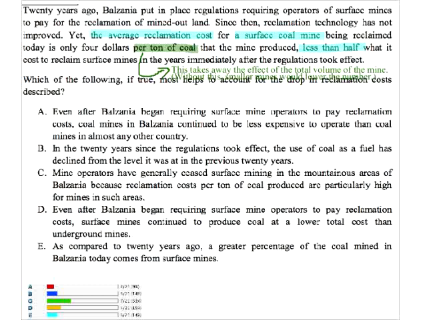So what we have is the average cost to reclaim a mine, which means to fix the land, has gone way down. So the average cost of reclaiming, which means repairing the land, the mined land, has gone way down.